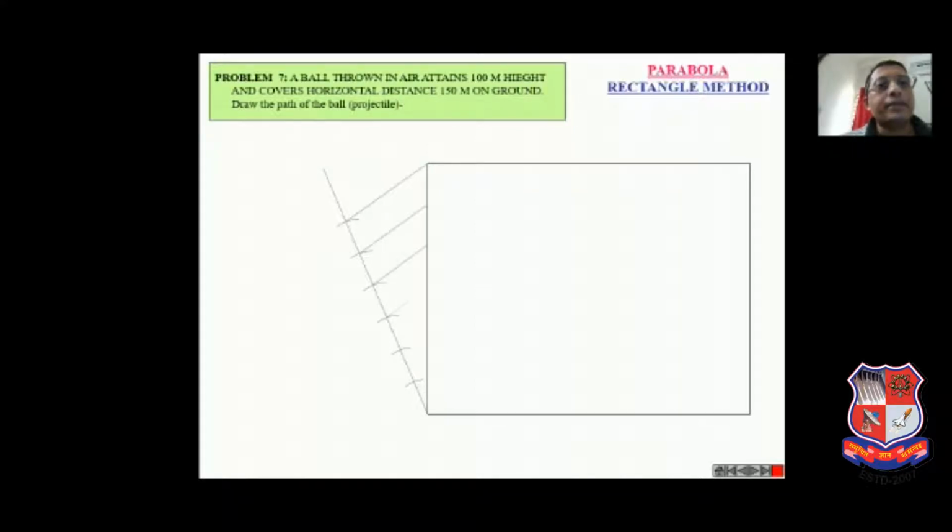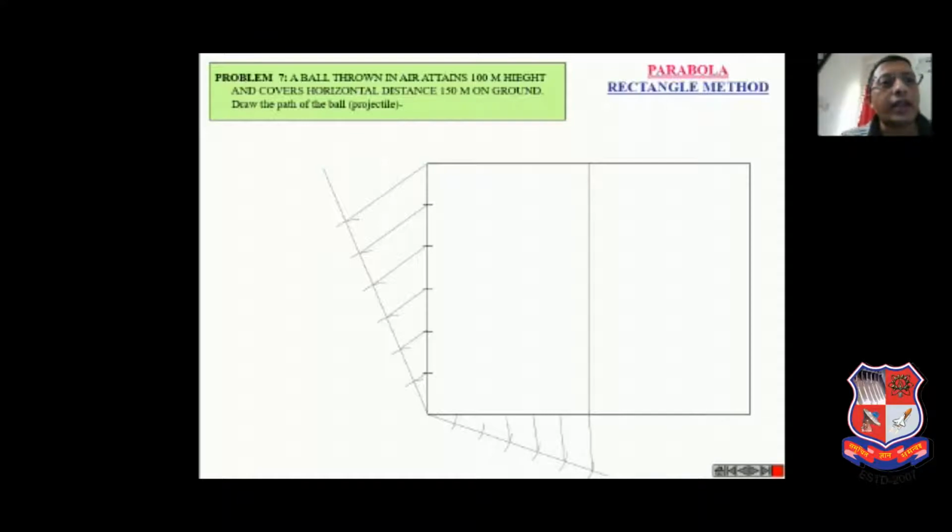Now the second step is to divide the horizontal line. So we divide this horizontal line of left portion into 6 equal parts. So it is 1, 2, 3, 4, 5 and 6.